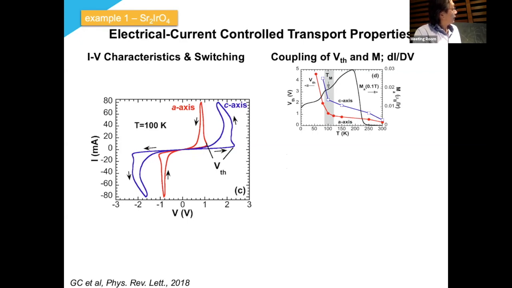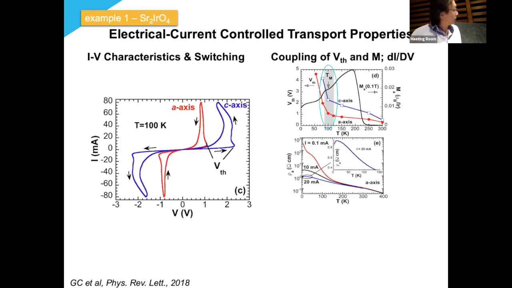There is a big break near the temperature where we have the magnetic anomaly. This is not a phase transition, but our recent study indicates that there is actually significant lattice change. Also, when you increase current, the resistivity drops, especially at low temperature. At one point, we have transient metallic behavior at low temperatures.